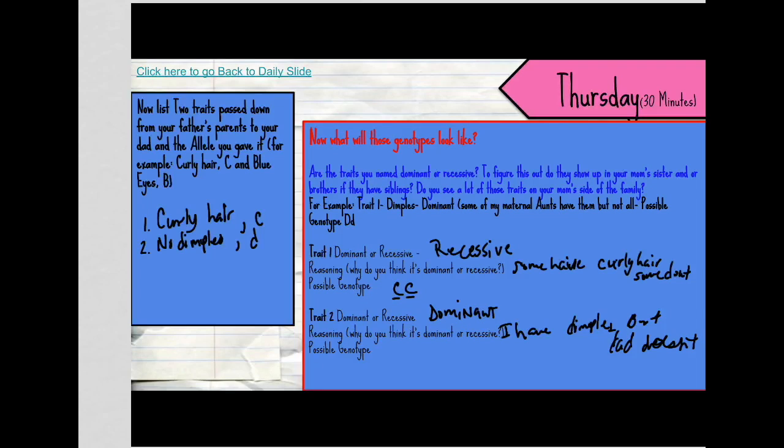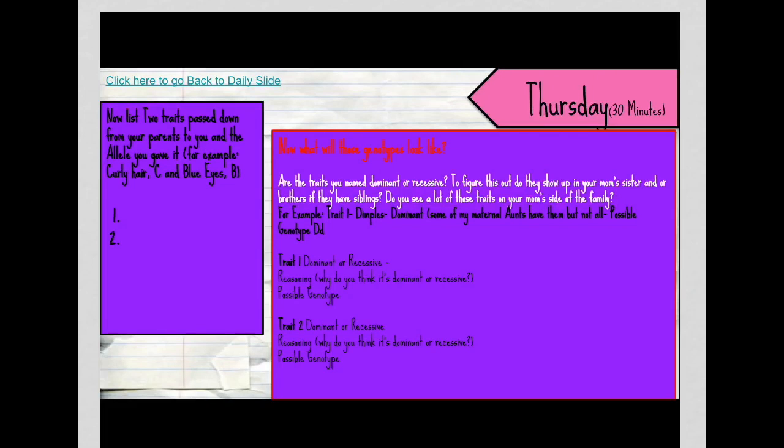Okay, and a possible genotype for that is capital D, lowercase d. So I'm going to say he's heterozygous for that. Now let's go into this. These are my traits right here, okay? So I'm going to go with curly hair because I have it, which is a lowercase c. And I'm going to go with dimples because I have it, which is a capital D.